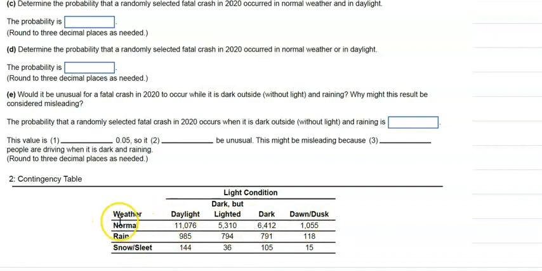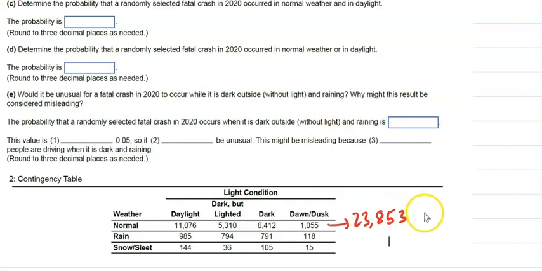In other words, how many accidents happen in normal weather? To find how many accidents occur in normal weather, you got to add all these numbers to find the total number of accidents that happen in normal weather. So you got to add all these four numbers of the row. You get this number equals 23,853.